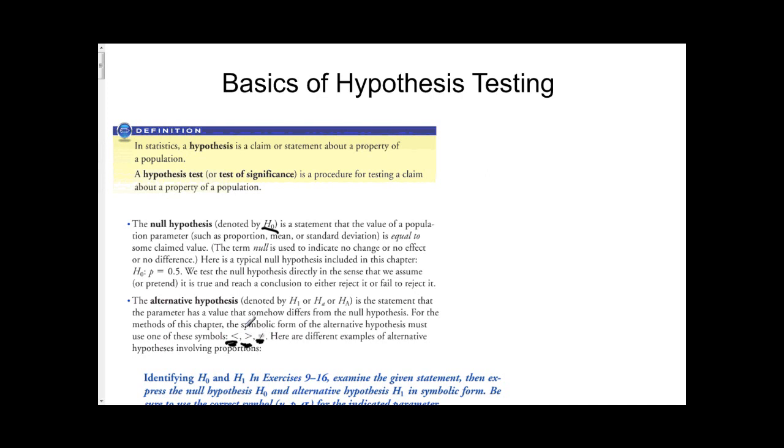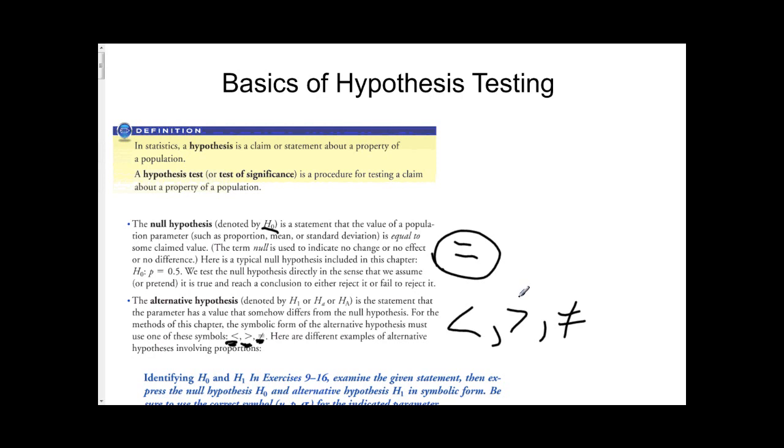And notice that the null hypothesis is a claim about equality, so the null hypothesis will be equal. You'll always use an equal sign for the null hypothesis. And for the alternative hypothesis, you use one of these three inequality symbols. So you can always identify which hypothesis is the null and which one is the alternative by where the equal sign is.